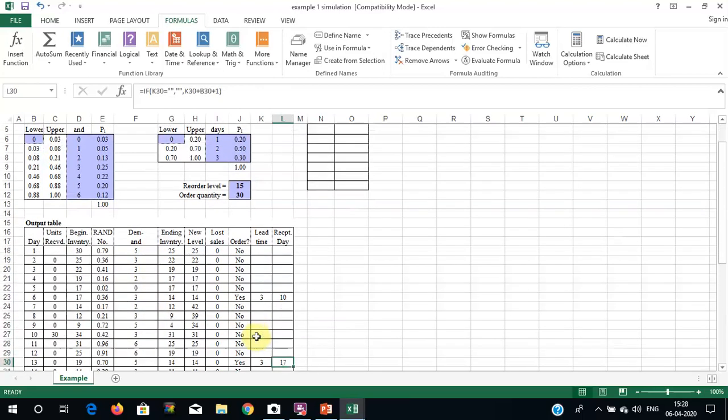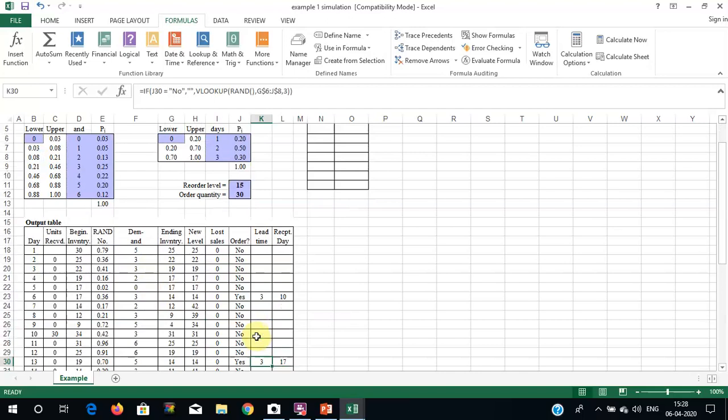So as you can see, on the 10th day you get 30 units, and on the 9th day you had 4 units at hand. So once you get 30 units on the 10th day, your starting inventory becomes 34.